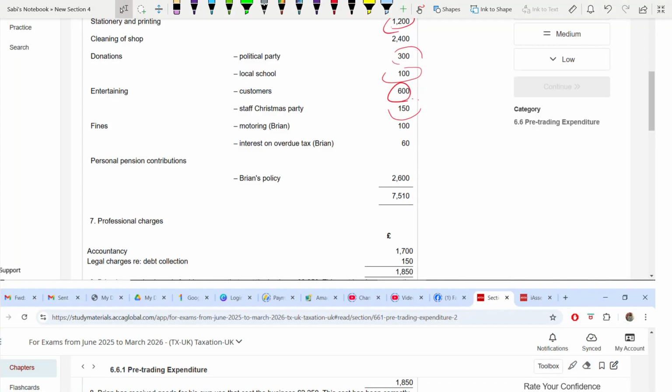Then we have the fines. Motoring fine, and the interest on overdue tax, 60. So if you see the total, this is not allowed, disallowed. Okay, both motoring and interest.